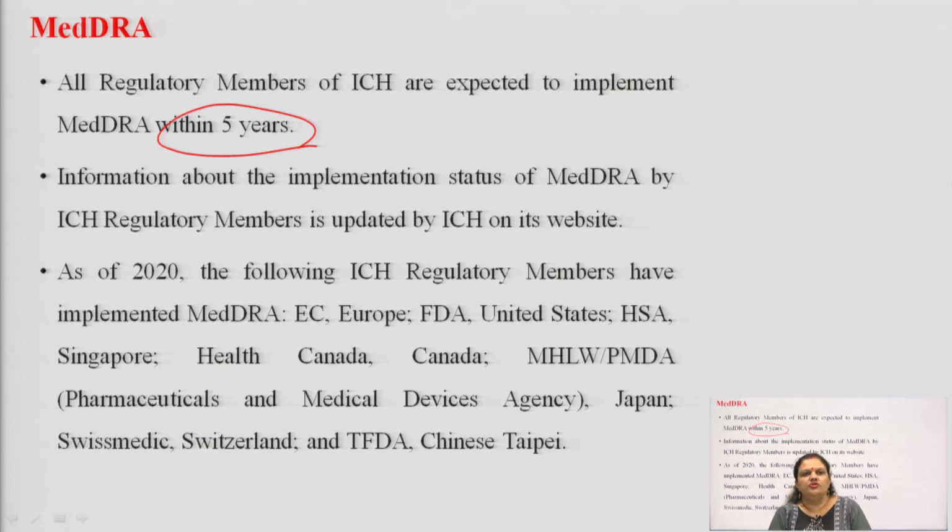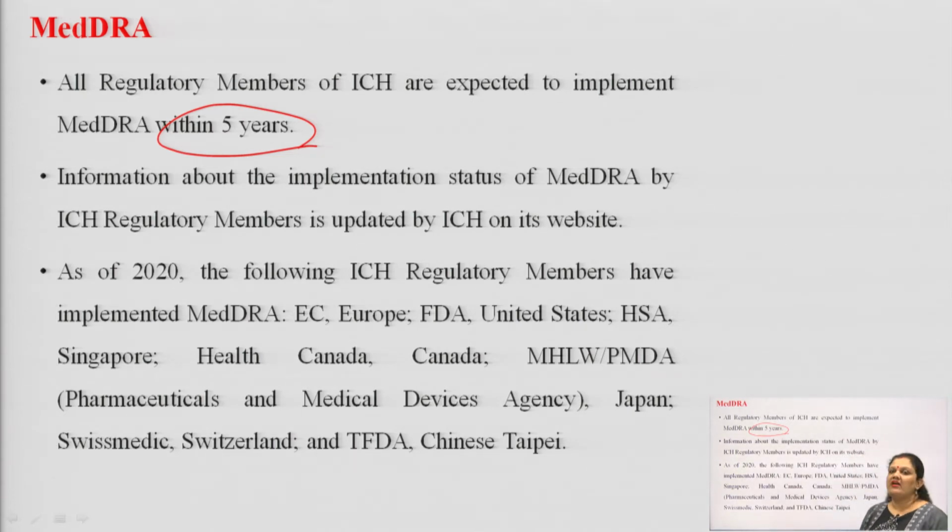European Committee, Europe; FDA, Food Drug Administration, United States; HSA, Singapore. HSA means Health Sciences Authority; Health Canada; MHLW, Ministry of Health, Labour and Welfare; and PMDA, which is the Pharmaceutical and Medical Devices Agency, Japan; and Swissmedic, the regulatory authority of Switzerland; and TFDA, the Taiwan Food Drug Administration.